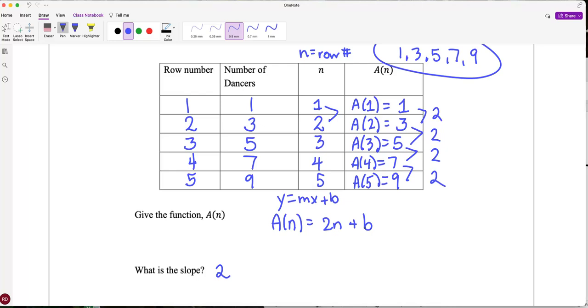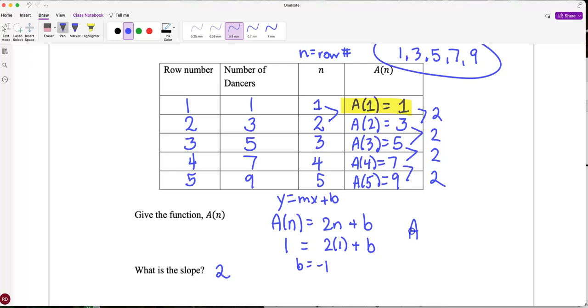So now I can just pick one of those points. a of 1 is 1. So that means that when you plug in a 1, you get a 1. So this means that b is going to be equal to negative 1.